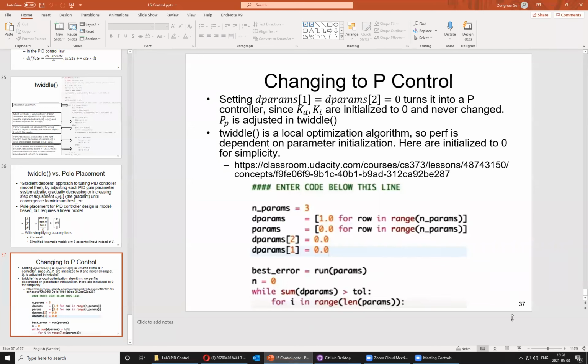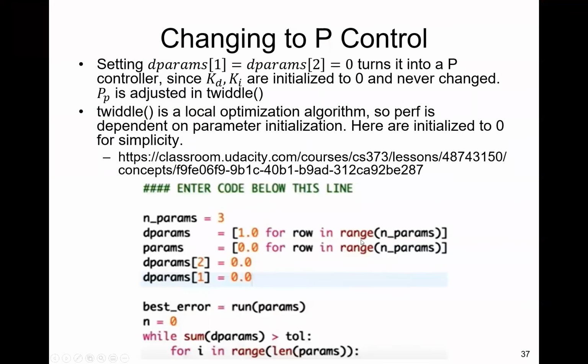So in the Python code, if you set the D params 1 and 2 to 0, it turns into a P control. So this is how you switch between P control, PI control, and PD control. That is by setting some D params to a constant 0.